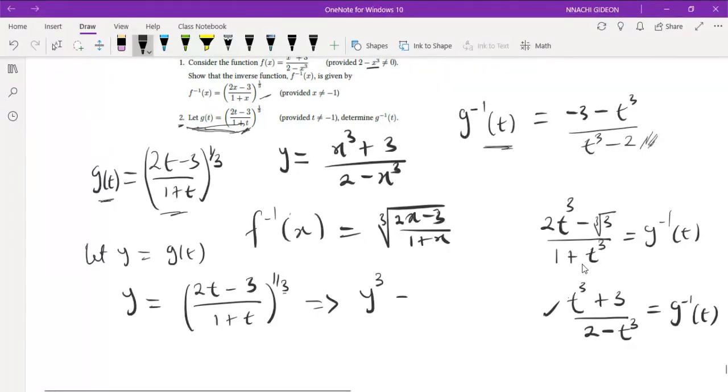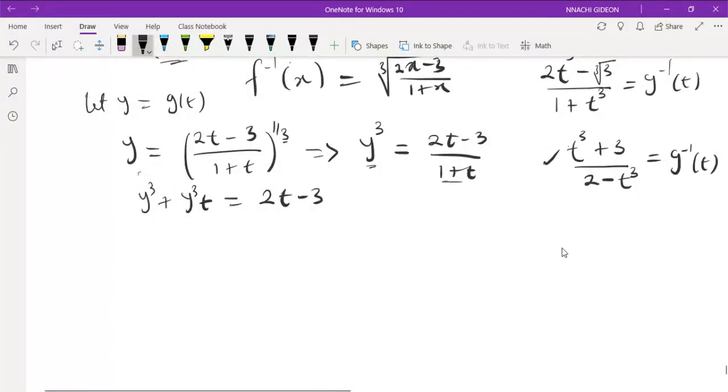So now, if the cube root crosses the equality sign and changes to y cube, then this is equal to everything that is here. Our aim is to make t the subject of the formula. So we bring up the denominator. We have y cube plus y cube t, that is this multiplied by this, which is equal to 2t minus 3. So that means y cube plus 3 is equal to 2t minus y cube t.